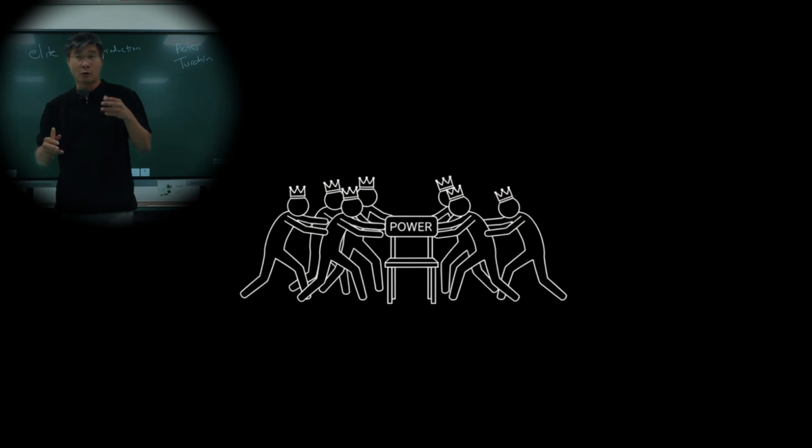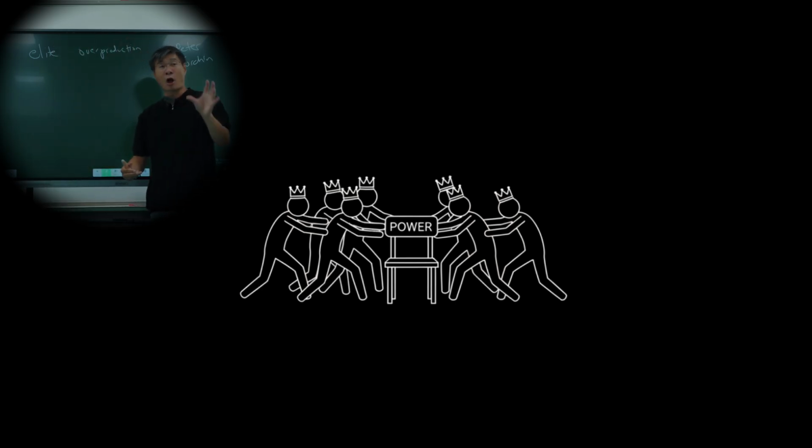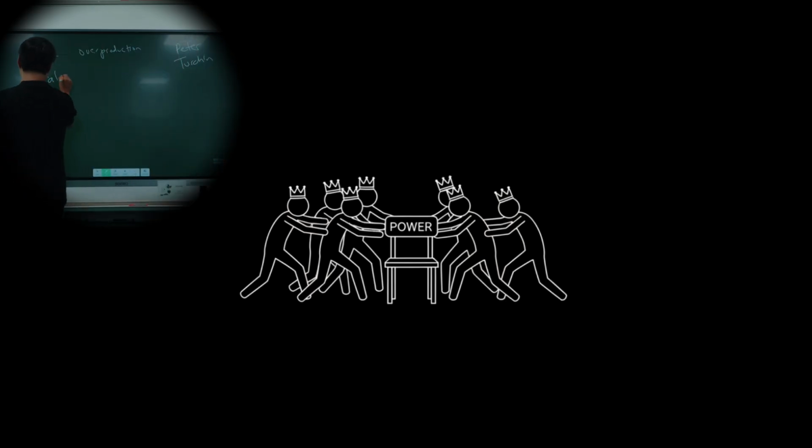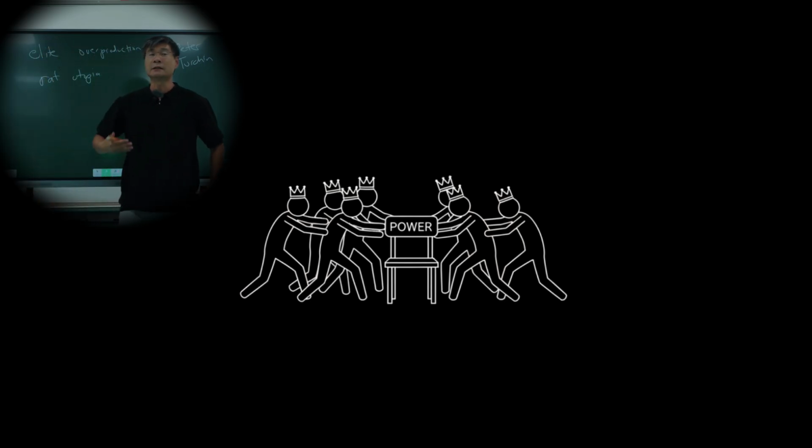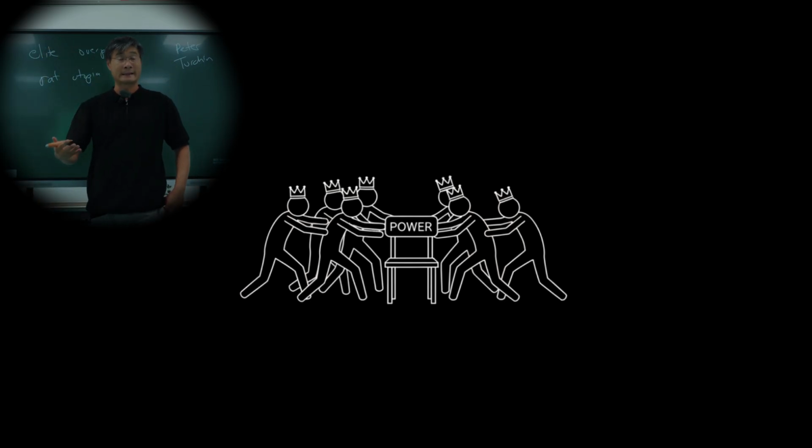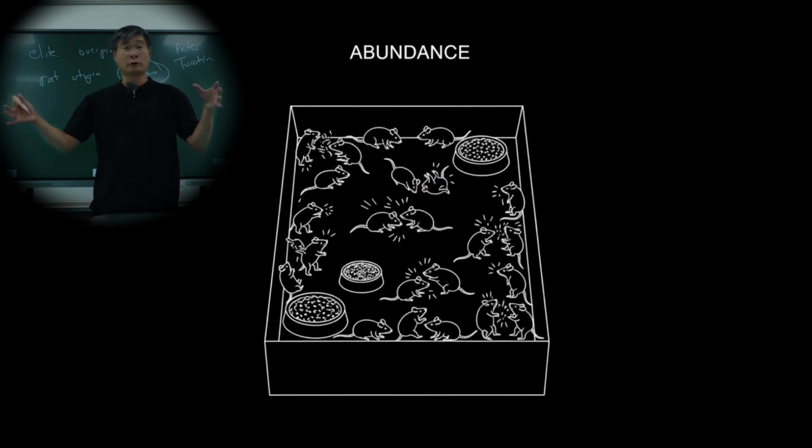All right? So to understand this, I'm going to talk about another experiment called Rat Utopia. And Rat Utopia was a series of experiments conducted by an American scientist named James B. Calhoun. And what James Calhoun was trying to do in his experiments was trying to figure out what living in a world of abundance and wealth and security meant.